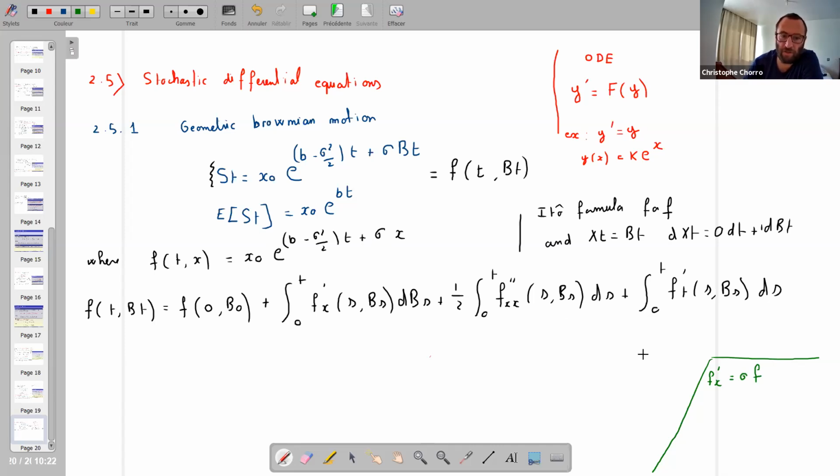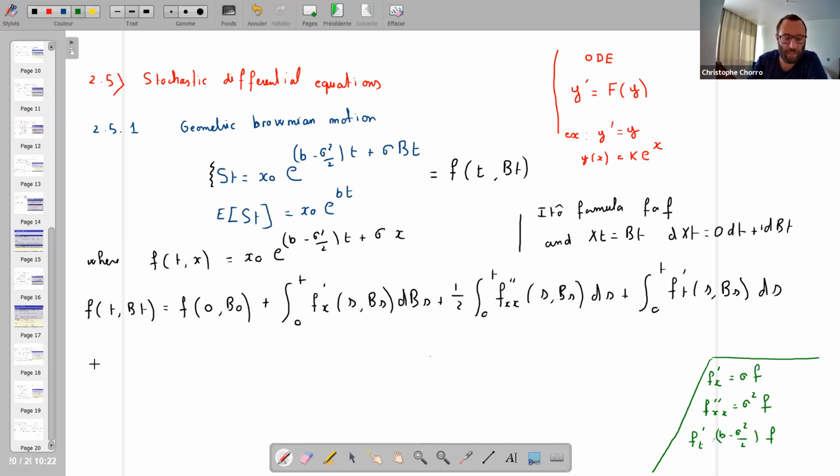If I do the second derivative, f second in x is just sigma square f, okay? And the derivative with respect to t is just what? If I compute the derivative with respect to t, I make appear this term here. So I have just (b minus sigma square over 2) f.